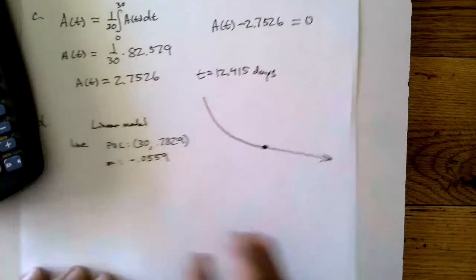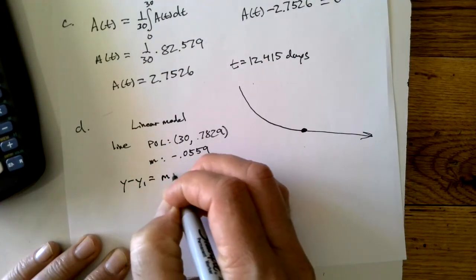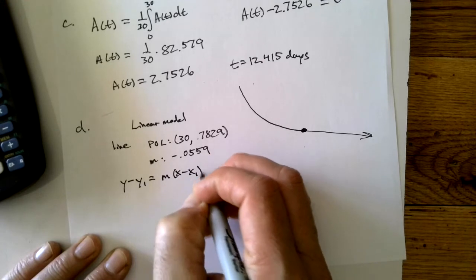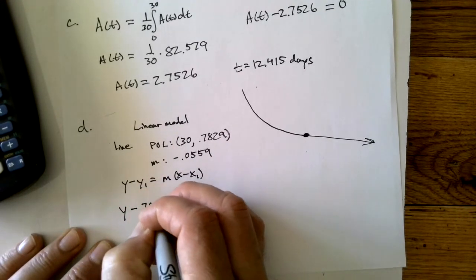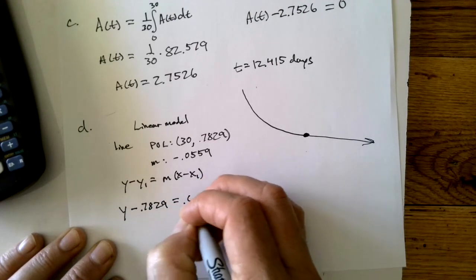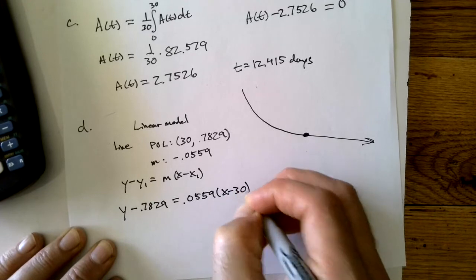Okay? So if you write your equation for your line, y minus y1 is equal to m times x minus x1, what we get is y minus 0.7829 is equal to negative 0.0559 times x minus 30. Okay?